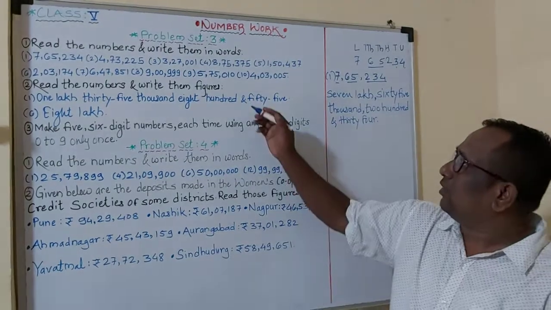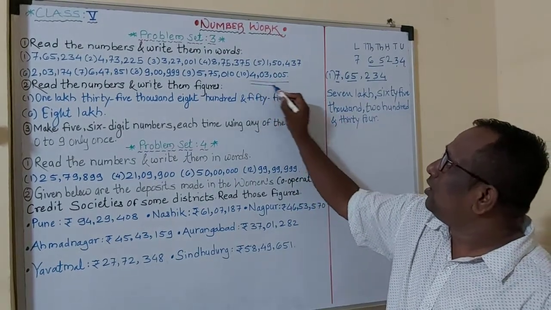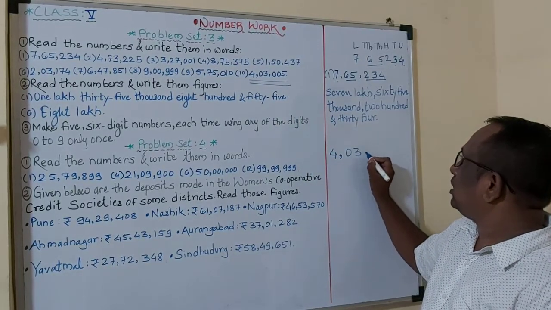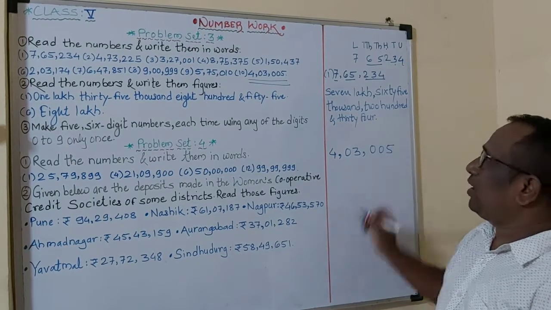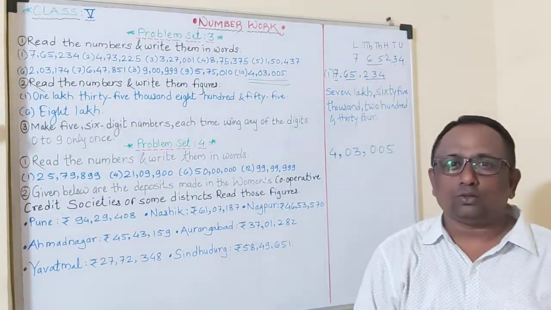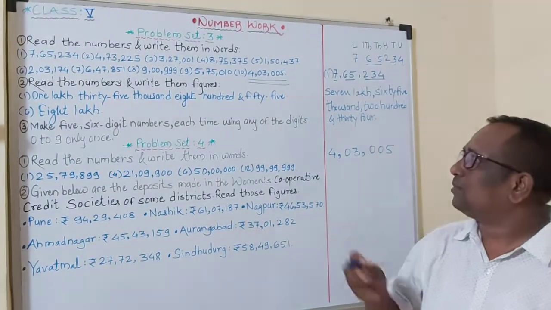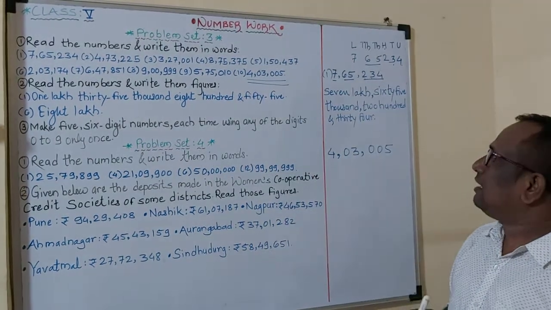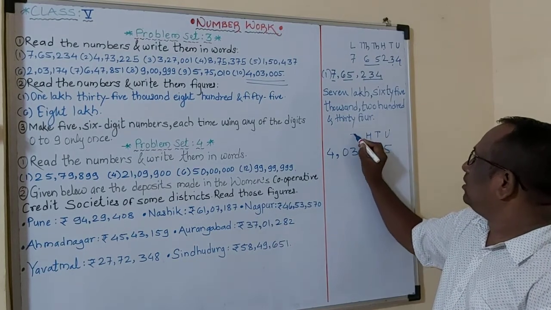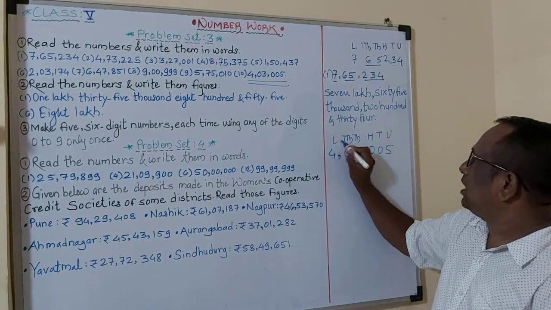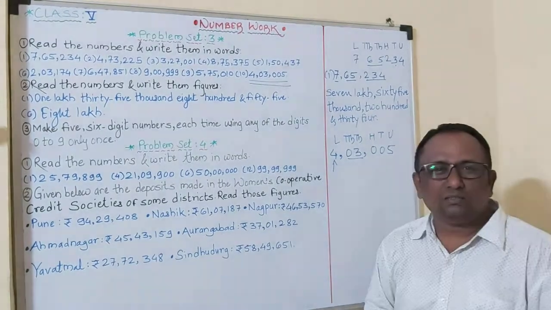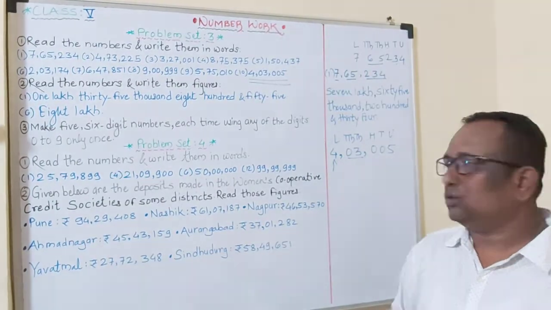Now we will see the last one, the 10th example, 4,03,005. Why did I choose this? Here some zeros are there. Maybe you are very smart students, but if you are suffering some confusion here, I will try it. Look here: unit place, 10, 100, 1000, 10,000, lakh. So 4 lakh, then 03,000? No. So 3,000.